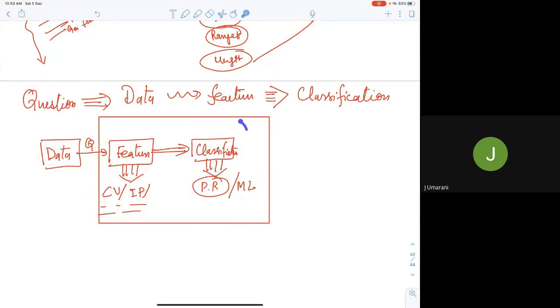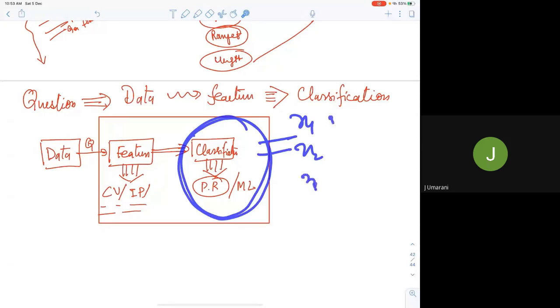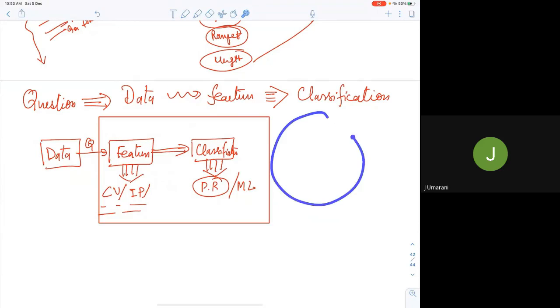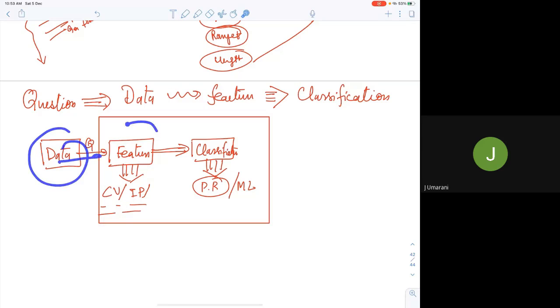And computer vision and image processing algorithms used to say that you give me data, and I am going to give you how I can convert this data into x1, x2, x3, x4, the feature representation. And this was a traditional machine learning approach in which features are coming from somewhere and classification is being done separately, and both of these things are not communicating to each other.